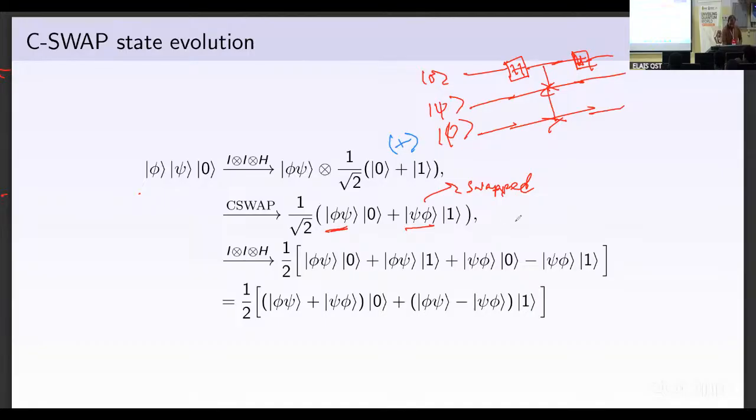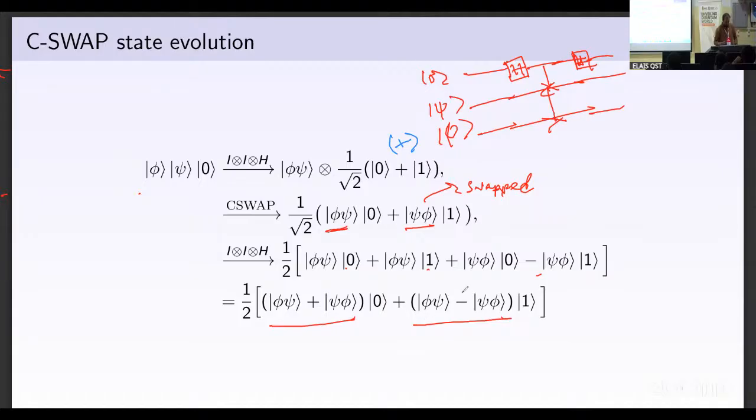So basically, when Hadamard acts on 0, it becomes (0 plus 1) by root 2. When Hadamard acts on 1, it becomes (0 minus 1) divided by root 2. Root 2 into root 2 becomes half. So we have phi psi 0, phi psi 1, psi phi 0 minus psi phi 1. If we collate with normal factorization, we get phi psi plus psi phi, phi psi minus psi phi.